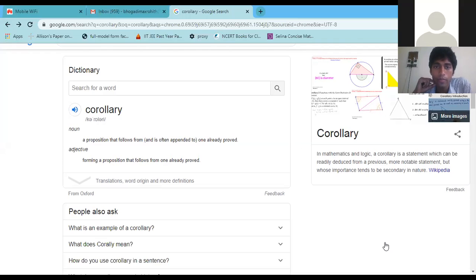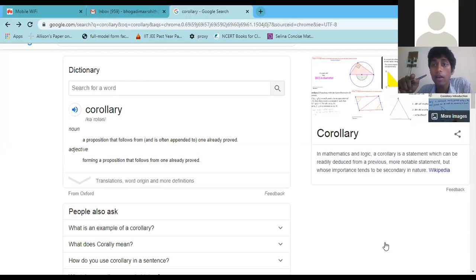Like, see, now also I made a statement. The statement was log m base a is equal to log m base b divided by log a base b. What is the corollary? The corollary is log a base b is equal to 1 by log b base a. Why?